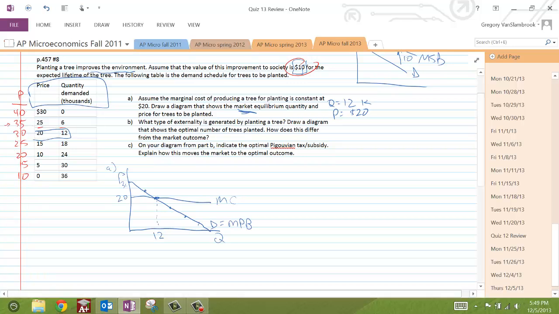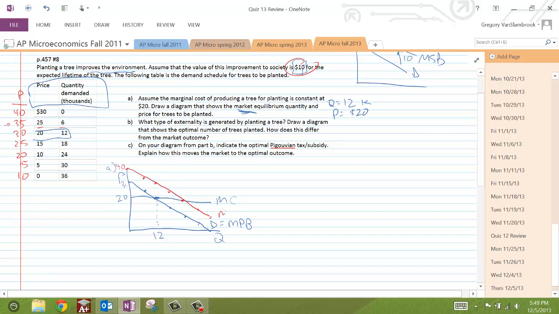So we're going to draw this graph, sketch out 0 and 40, 6 at 35, 12 at 30, 18 at 25, 24 at 20, 30 at 15, and 36 at 10.